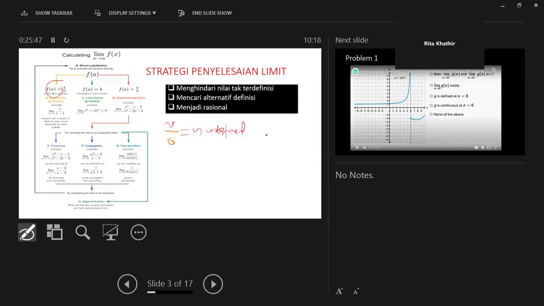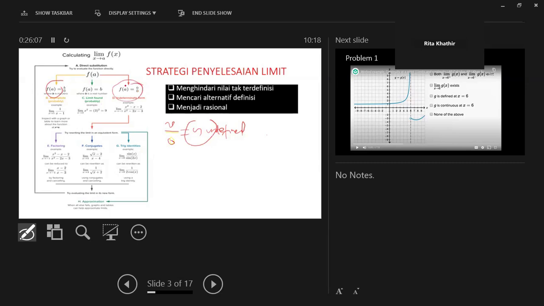Probably in the future, you will meet an asymptote there because it approaches infinity, unlimited. God is unlimited. We approach him, but we cannot be him.